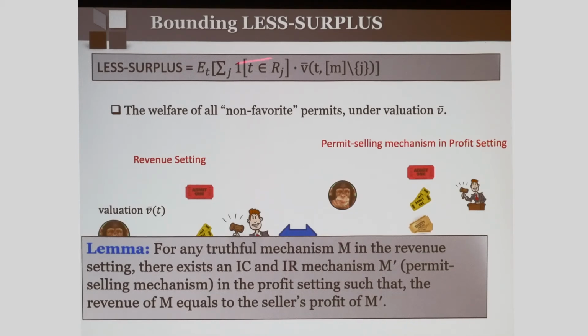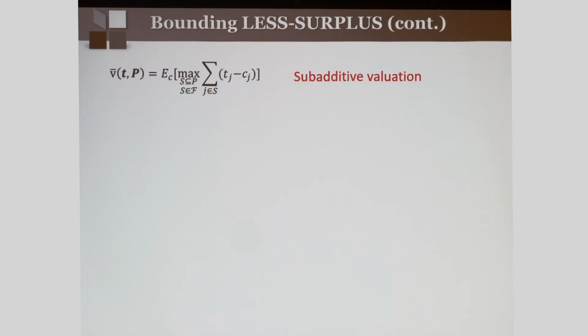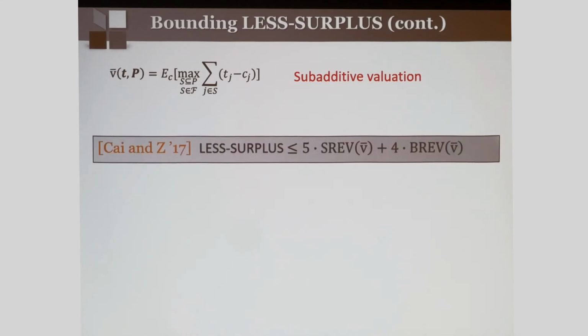In this setting, this term is simply core plus tail, and since we can prove that V bar is a subadditive function, by previous result, we can bound this term by selling items separately or as a whole bundle.